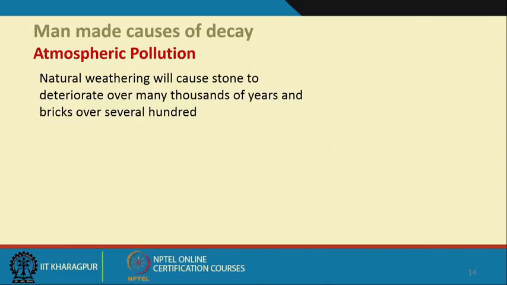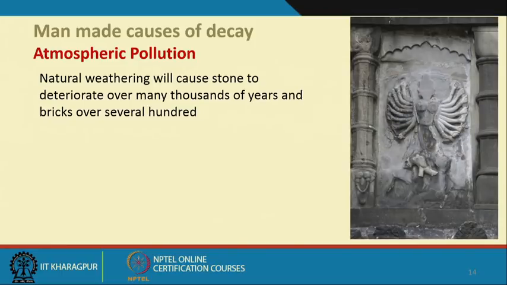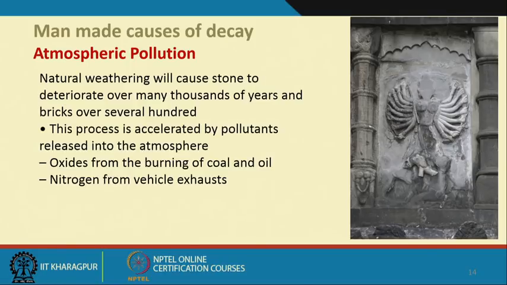Naturally, weathering will cause stone to deteriorate over many thousands of years and brick over several hundred years. As you can see, this is a small element from Assam, a Durga idol, which has deteriorated because of weathering, and the pollution effect on stone accelerates this.